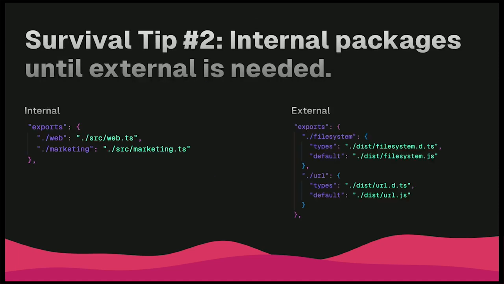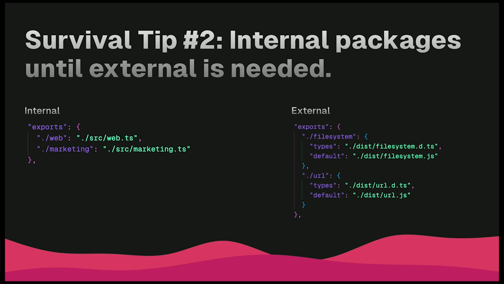So yeah, now let's go to the second survival tip, and that is you should use internal packages until external ones are needed. The difference between these two is that internal packages do not build their TypeScript to JavaScript before shipping them.